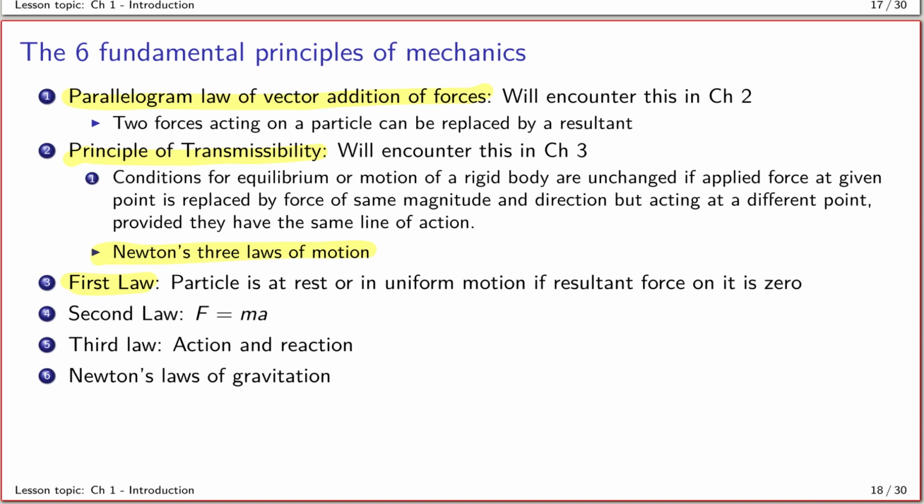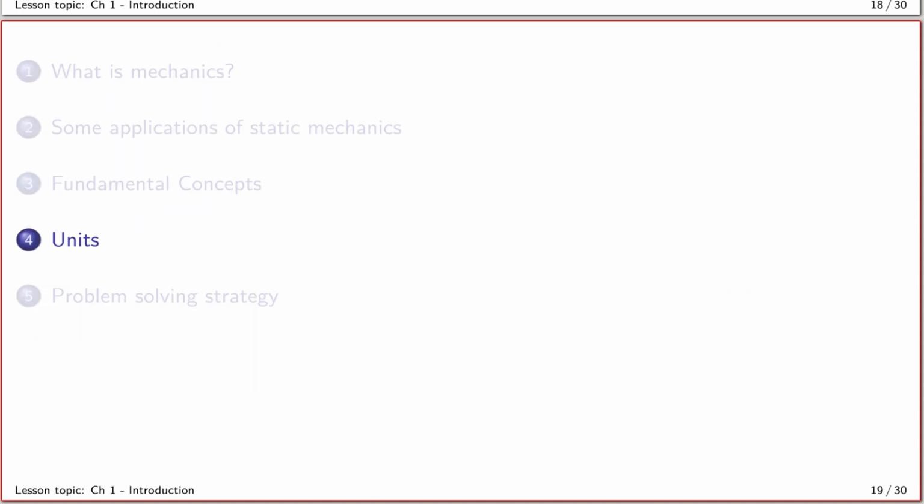We will be using the first law in this class quite extensively, and that's because we're going to be dealing with systems in equilibrium, which means that the resultant force on the system is 0. The second law is something that we will use in a later class. It will not be used as much in this class here, and neither will we use the third law or Newton's law of gravitation. But these 6 laws together are the fundamental principles of mechanics, both static mechanics and dynamics.